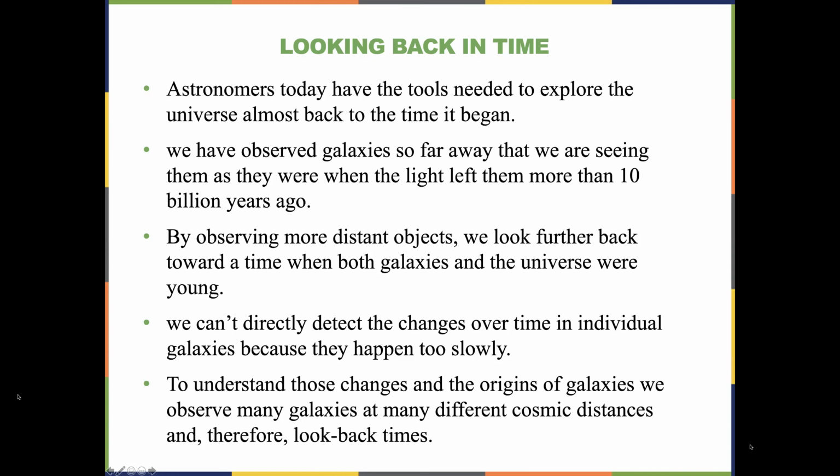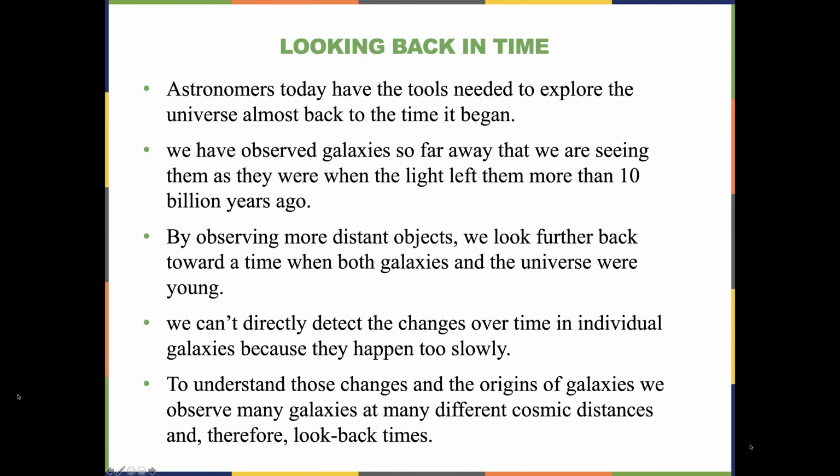You look at different slices: how a sample of galaxies looks at 100 million light years away from us, and then the galaxies that are 200 million light years away, and then 300 million light years away, like that. You just look at these slices one by one to see how galaxies look, rather than looking at one individual galaxy.